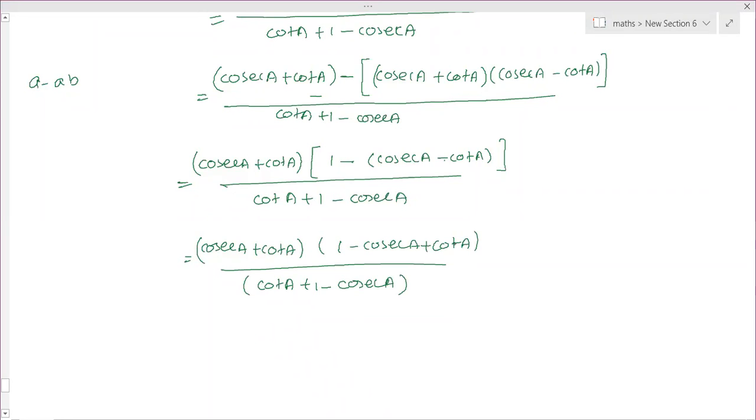Cot A is positive, cot A is positive, plus 1 minus cosec A. So both the brackets are exactly the same, so we can cancel them. What is left out? Cosec A plus cot A. That is the RHS.